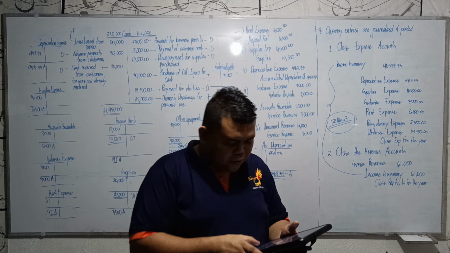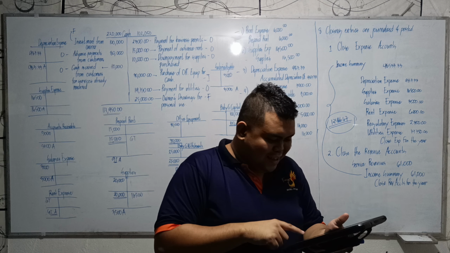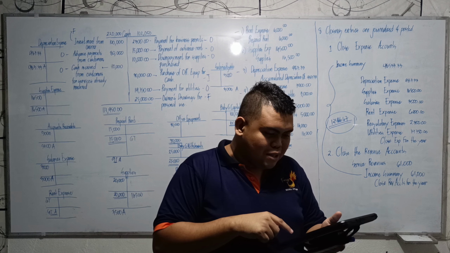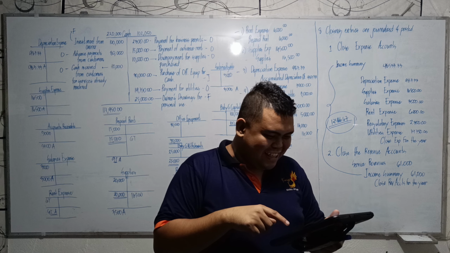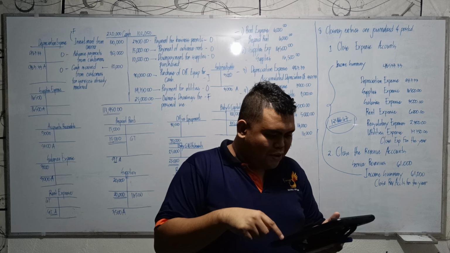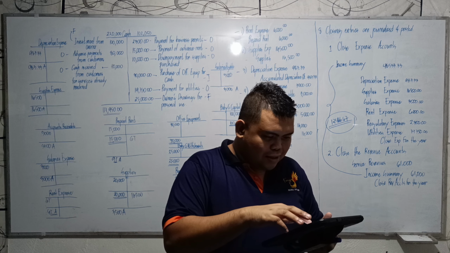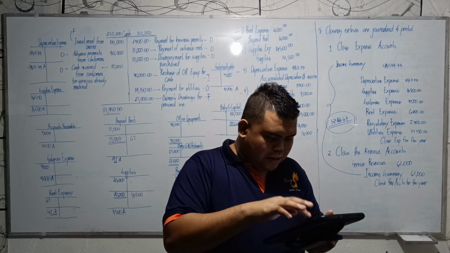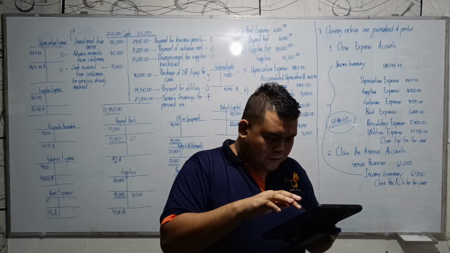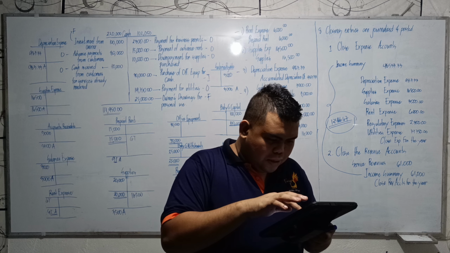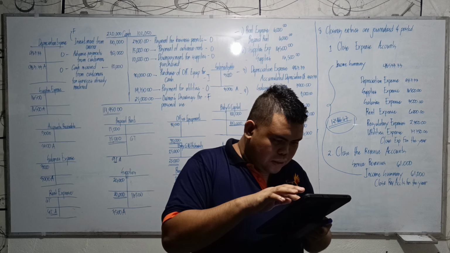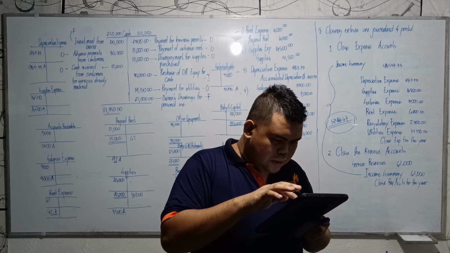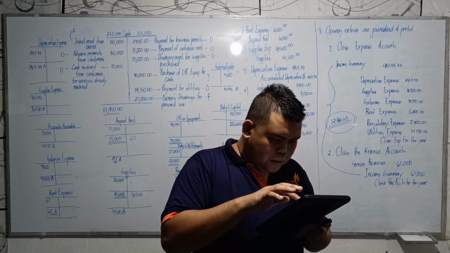So let me check in the past episode, I'm still having some trust issues here. So if our net income is actually 15,466.67, that is what we call the net income.